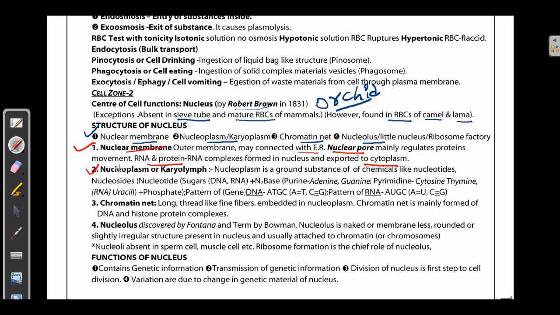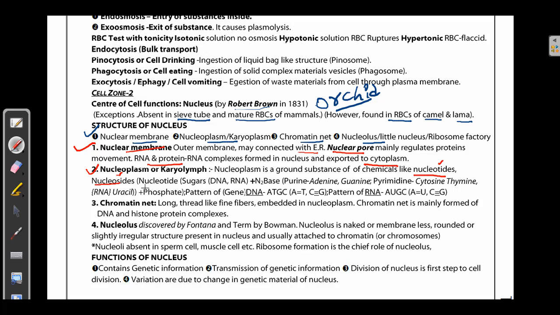The next structure we're going to learn is the nucleoplasm, similar to the cytoplasm, found inside the enclosed nuclear membrane. The nucleoplasm has rich chemical substances like nucleotides. Nucleotides and nucleosides are quite common terms, only the ending is different.